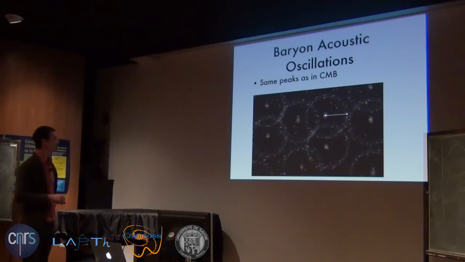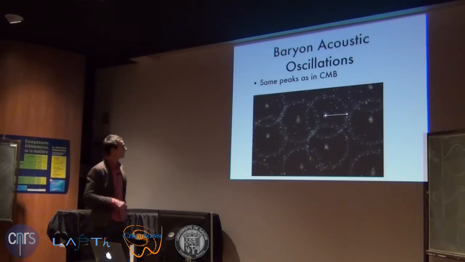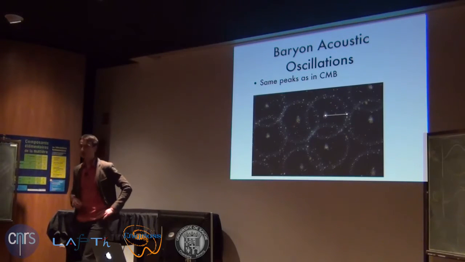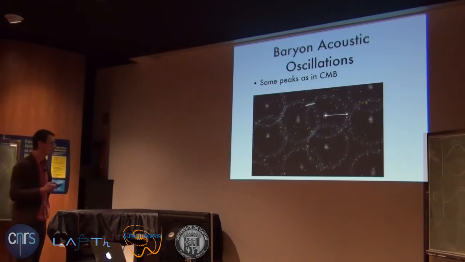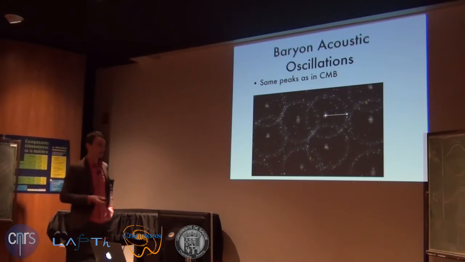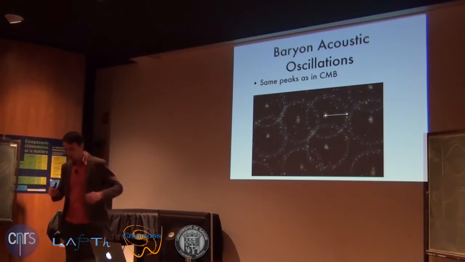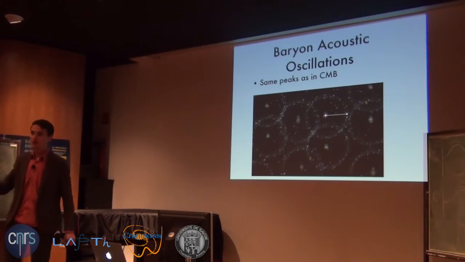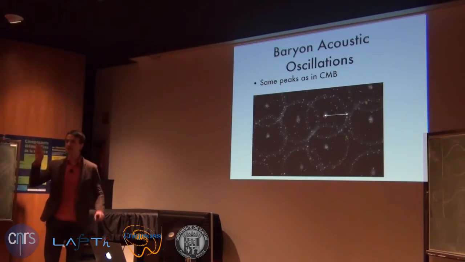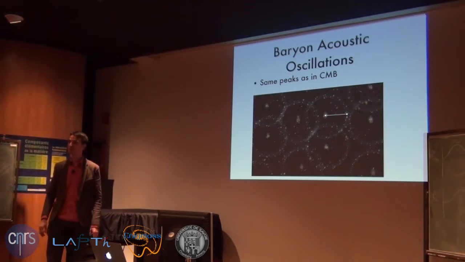So I found a nice illustration somewhere on the internet. I'm sorry that I didn't put the source here, but it just comes out of Google Images. This is an illustration of what the baryon acoustic oscillations look like. What you should picture is a pond, water perfectly smooth, and you take a handful of rocks and you throw them at random positions all at the same time into the pond.